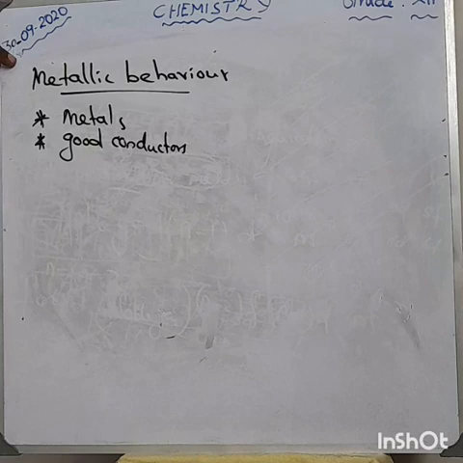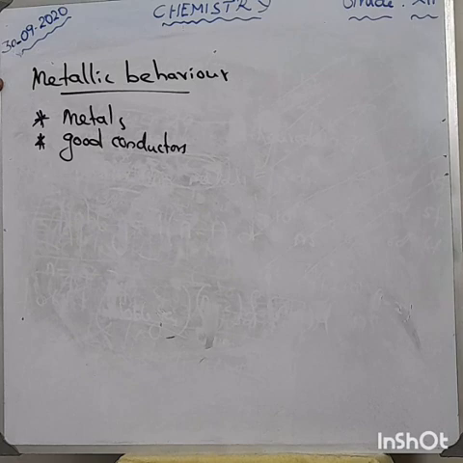About the metallic behavior, first one, all of you know that. All transition elements are metals. They are good conductors of heat and electricity. Except the 11th group element, the group 1 and group 2 transition elements are hard.